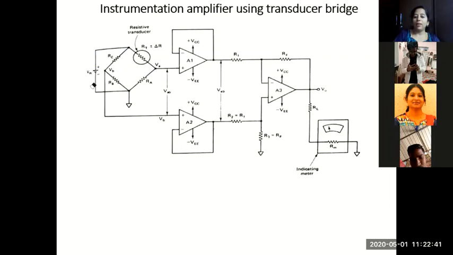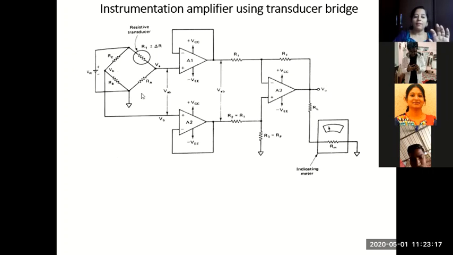Now we have to calculate the output voltage of this bridge network. And as you can see, first part is your what? Input stage. So this whole thing is the input stage, which has a sensor like a thermistor, and that sensor measured value, the temperature value, should be converted to a voltage, for which I'm going to use a transducer like a Wheatstone's bridge.